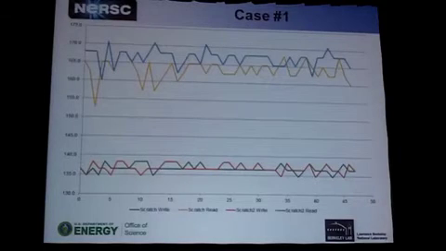The two top lines represent the read performance for those individual OSTs. So the y-axis is megabytes per second. The x-axis is the OST number. So each file system has 48 OSTs. And the bottom two lines represent the write performance.